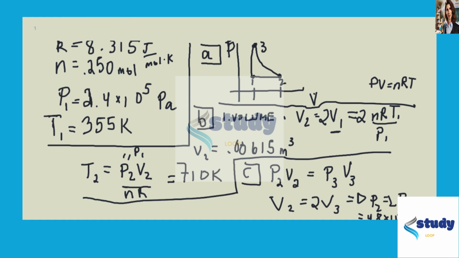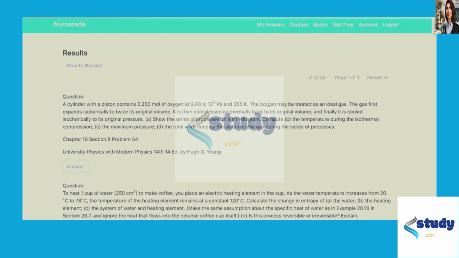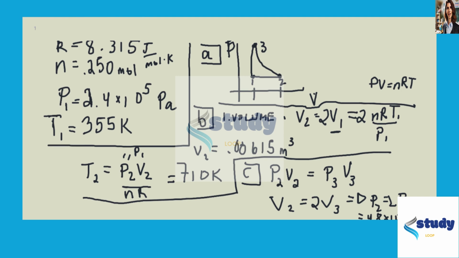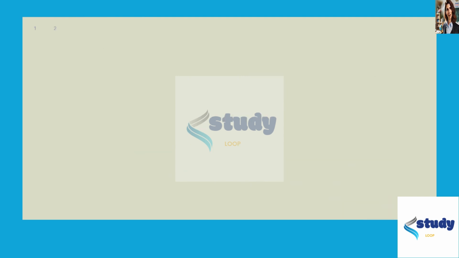All right, an area under the curve, sorry, not area under the curve, that's jumping ahead. First, D, they want the work done by the piston on the gas during the series of processes. It's unfortunate I have to go to another thing because I kind of want the quantities, but whatever.